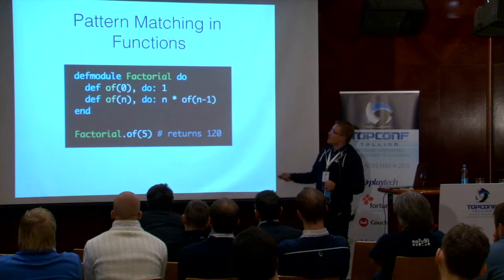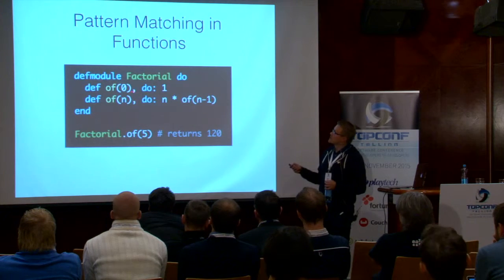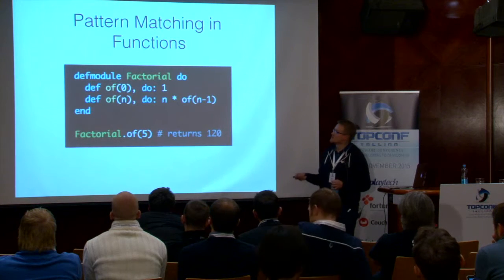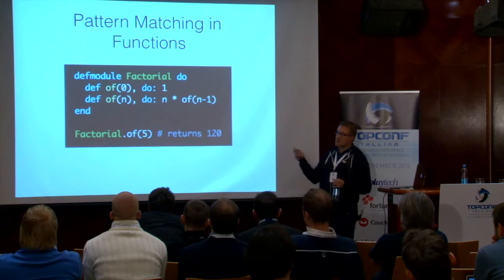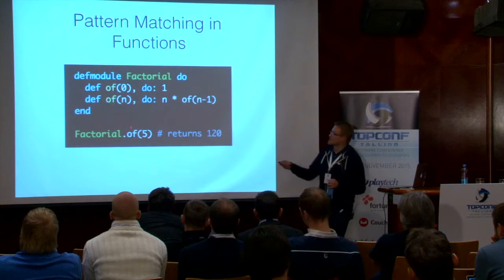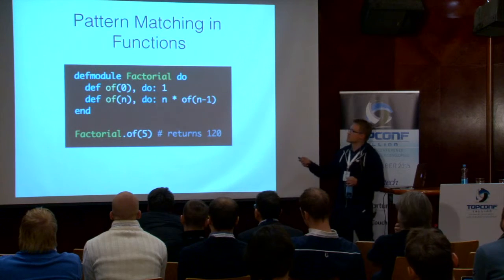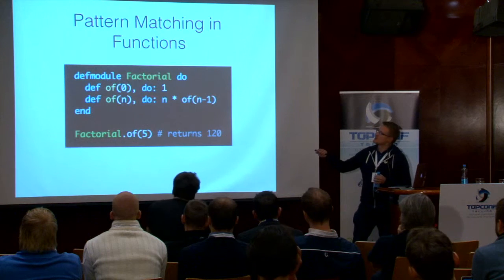So here we have a module factorial. It has only one function, factorial of arity 1, because it has only one argument. But it has two definitions, which basically means that now we have a pattern match here.